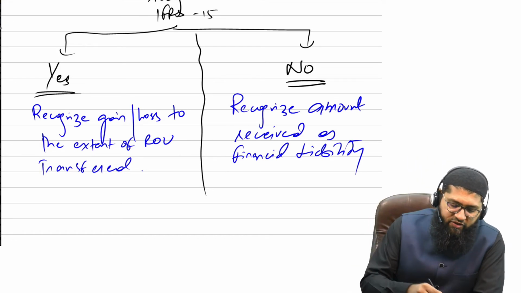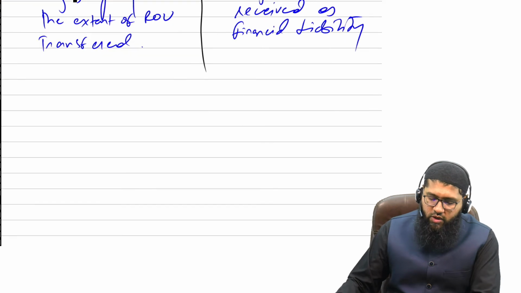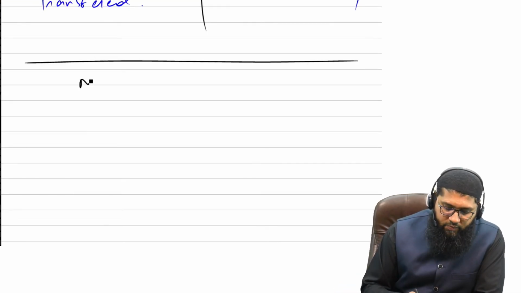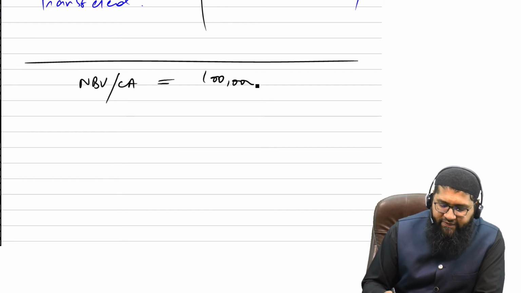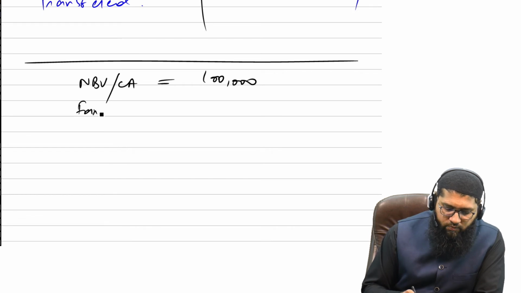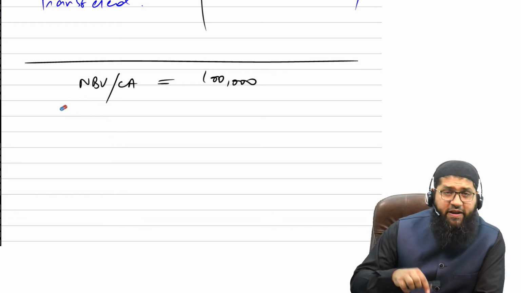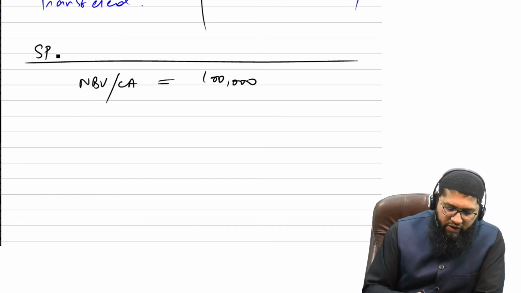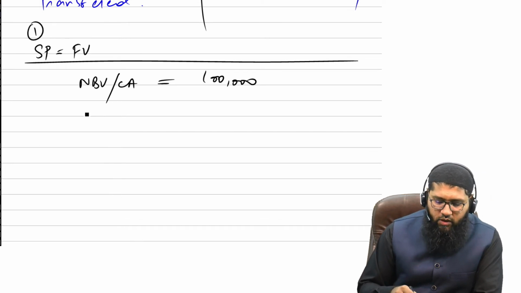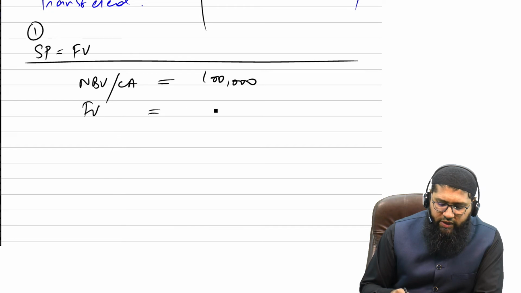Now let's try to understand things. For example, the net book value or the carrying amount of the asset was 100,000. The fair value, there could be three types of situation. One of them is selling price equivalent to fair value, case number one. The fair value is 125,000.